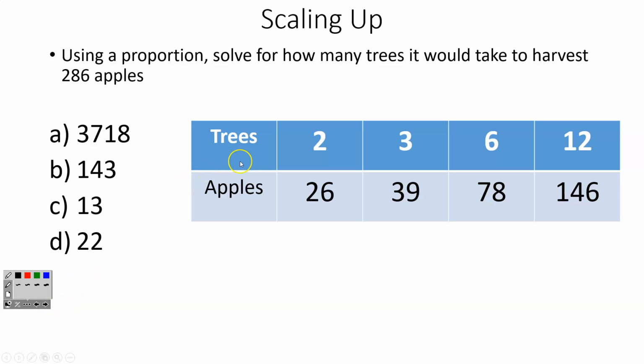Again, maybe a little bit different on this one. Using a proportion, solve for how many trees it would take to harvest 286 apples. Well, I could do 26 divided by 2, and that would give me 13. I could then use the 286 and divide by the 13 to find out how many trees it would take.